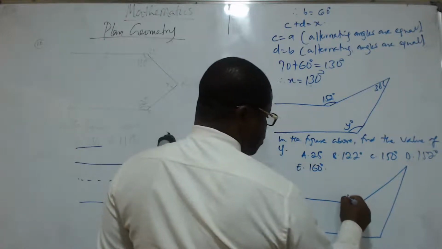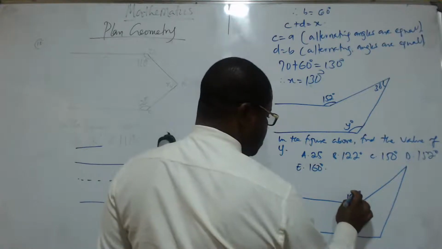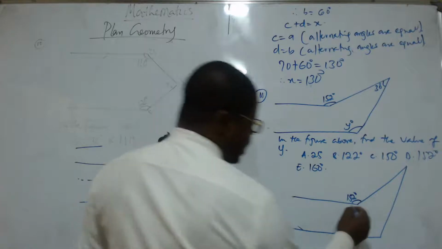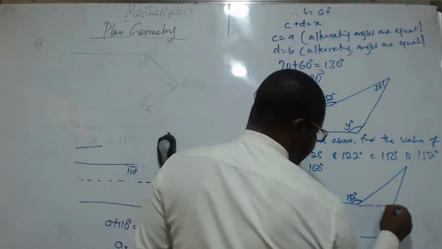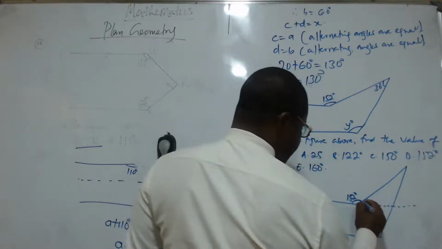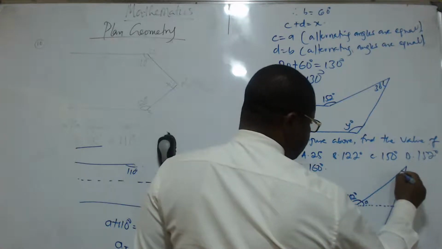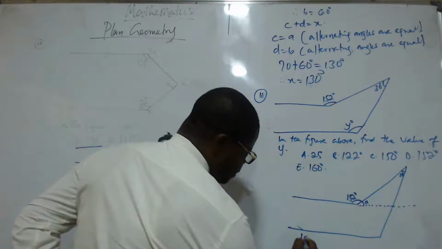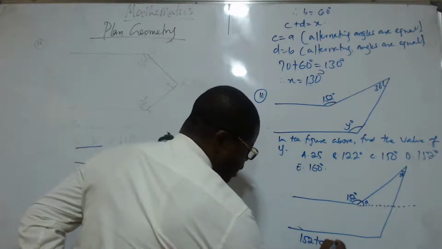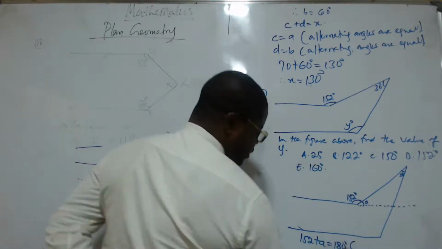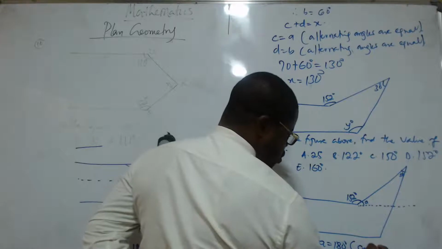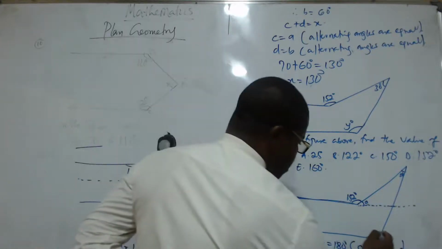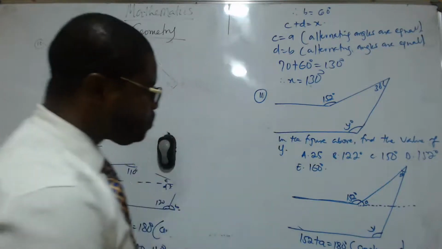Here we are given 150 degrees, 52 degrees. Now extend this line. Name here A. So I have 152 plus A will give you 180. Reason: we have angle on a straight line. Okay?